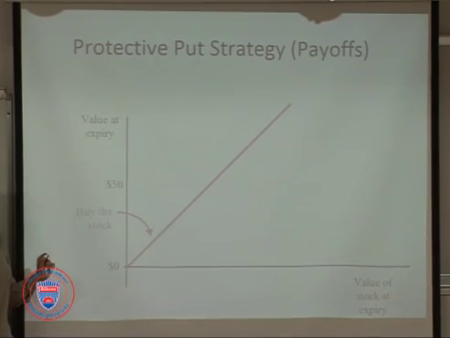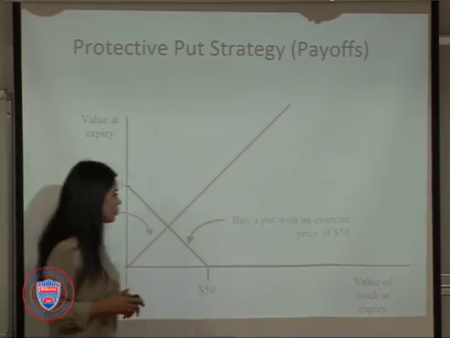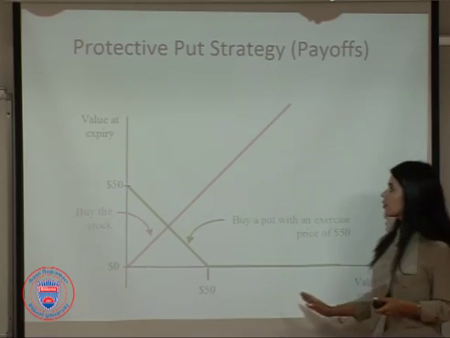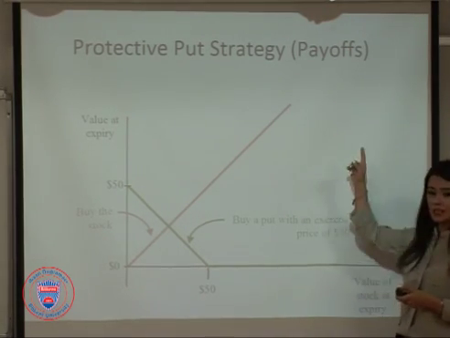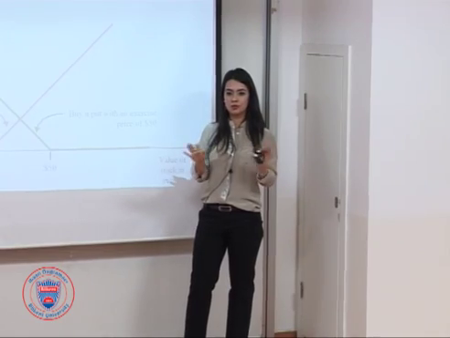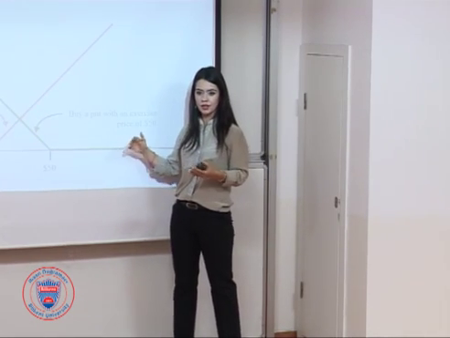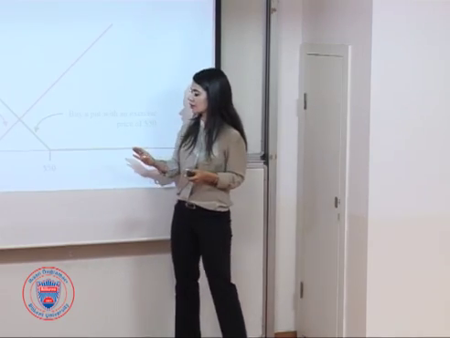So you bought the stock, and on top of it, you buy a put option. Its exercise price is 50, and you're gonna exercise the option. These are the payoffs, so we are ignoring the put premium. But you can consider it. It's fine. You already know it shifts the line up or down. So it's not very complicated.